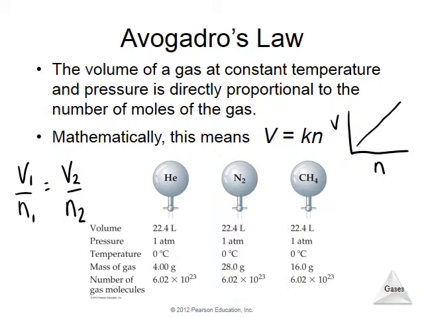Avogadro's law is a law that we don't use a whole lot in terms of empirical laws. We're going to see the relationship between volume and moles, but we're not going to work as many problems with just those two variables being affected as we will with some of the other stuff.